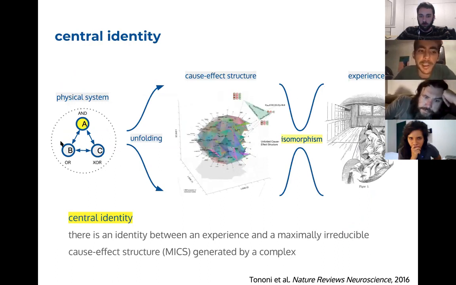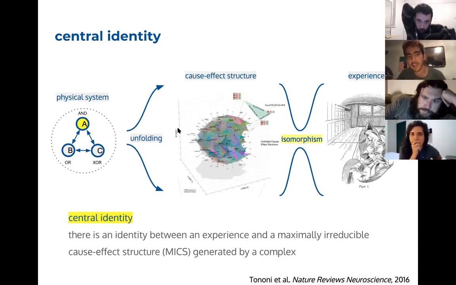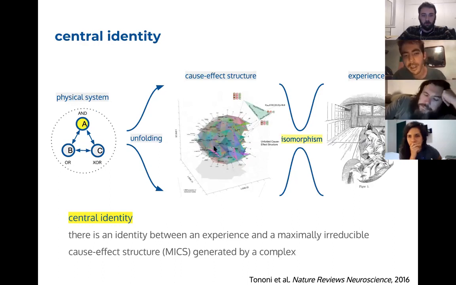So you have a physical system. We started with a physical system, and then what we're postulating is not an identity between this physical system, the substrate, and experience, because they are not similar at all. What we're doing is unfolding its cause-effect power and looking for its irreducible parts, which are the distinctions, these maximally irreducible parts, the atoms that constitute this integrated whole.